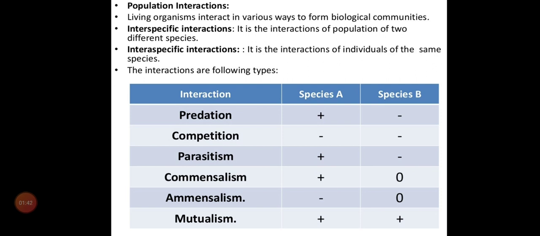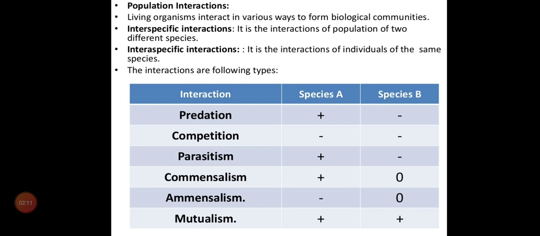So between two different species is called interspecific interactions. And intraspecific interaction means, intra means within. So it is an interaction of individuals of the same species.